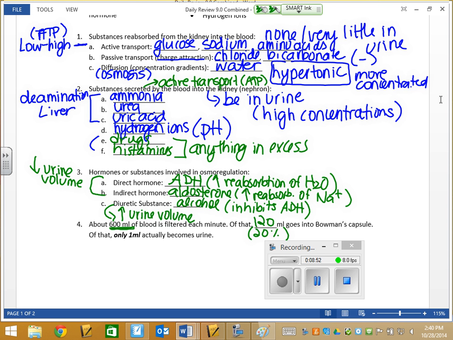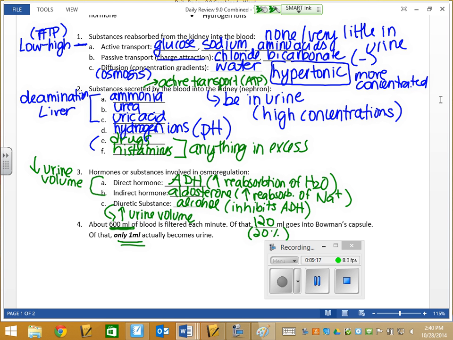About 20% of the blood that's flowing through your kidneys gets pushed by your blood pressure through those capillaries that have pores, and it gets collected in all of the little nephrons that make up your kidney. Of that, only about a milliliter is actually going to become urine because of all of the reabsorption that's going to happen.